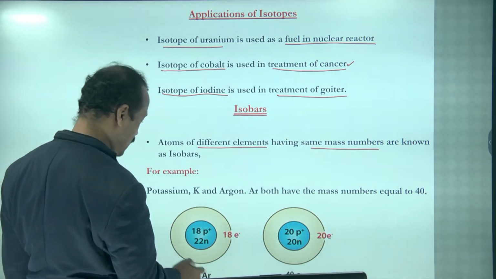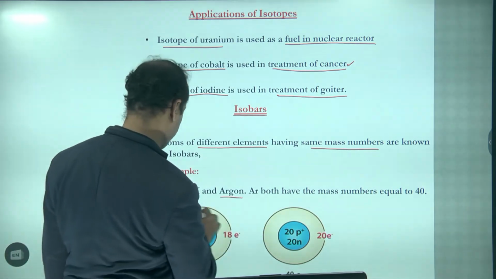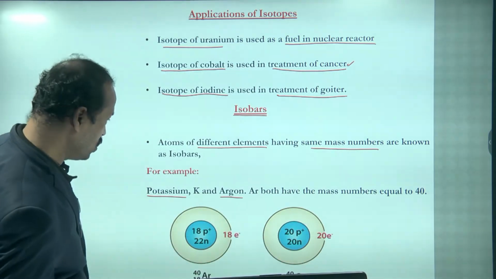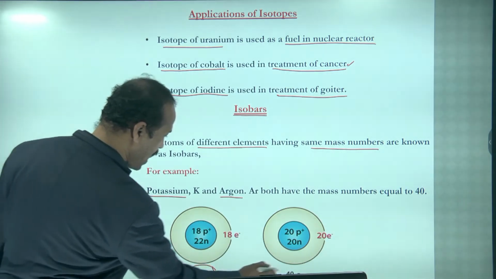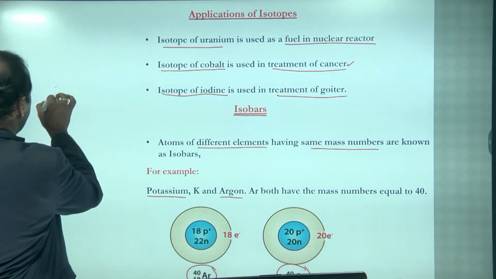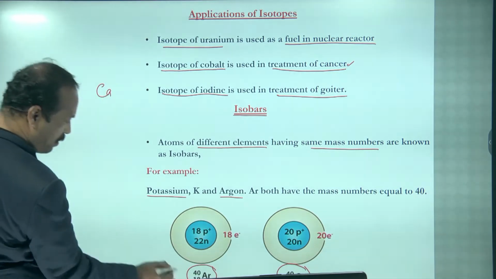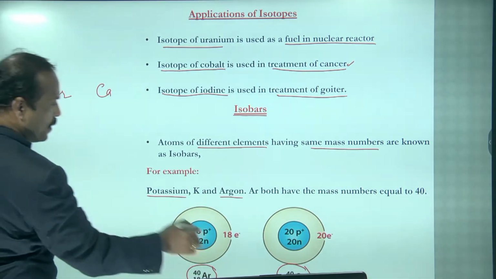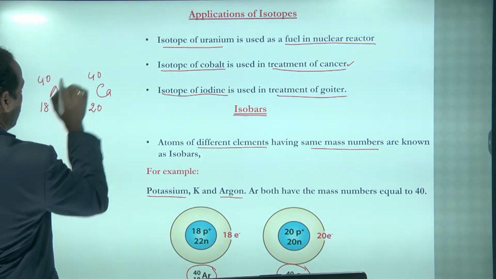So for examples, here you see three elements are given: potassium, argon, and of course calcium. Let us take argon and calcium. Here, argon is given as 18 and 40, and calcium is given as 20 and 40.